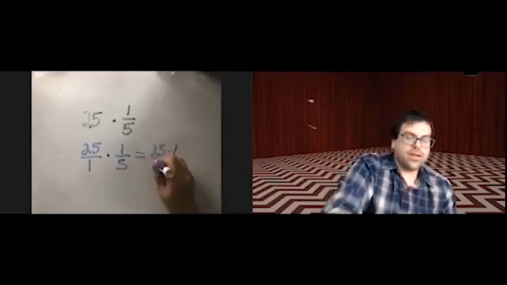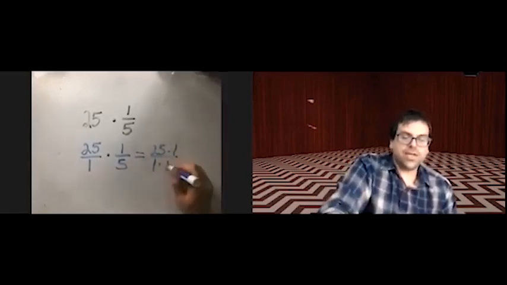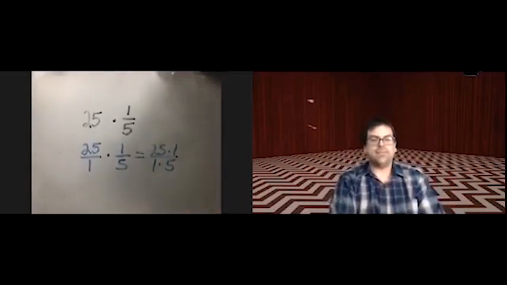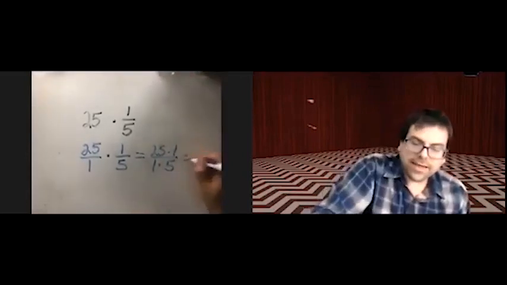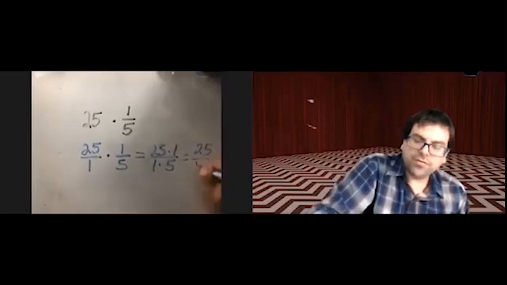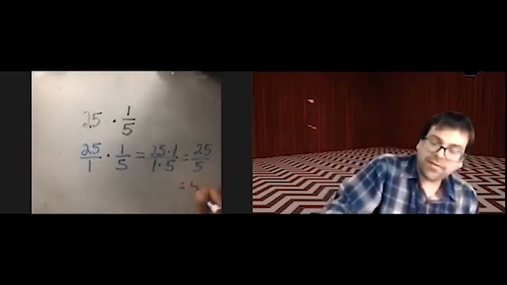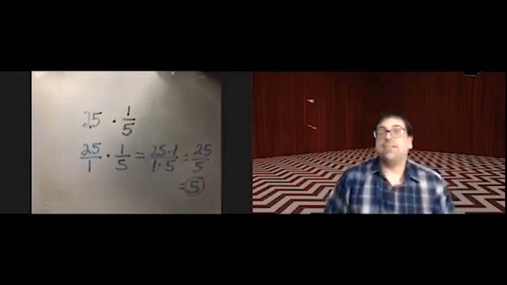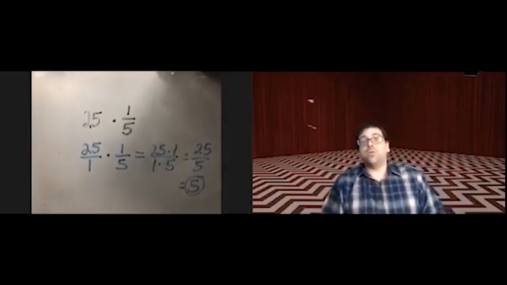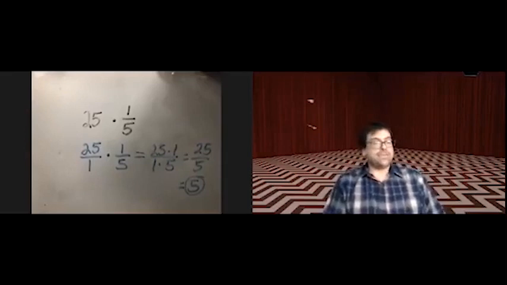And the bottom is just times 1. 1 times 5. That gives us 25 over 5, which reduces by straight division. 25 divided by 5 is 5, or we get 5 over 1 when we reduce, which is 5.